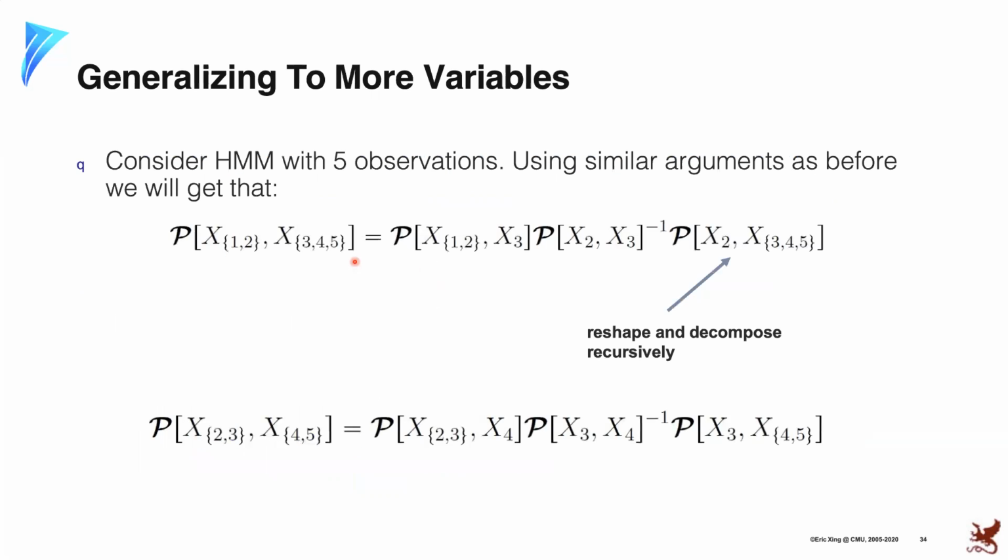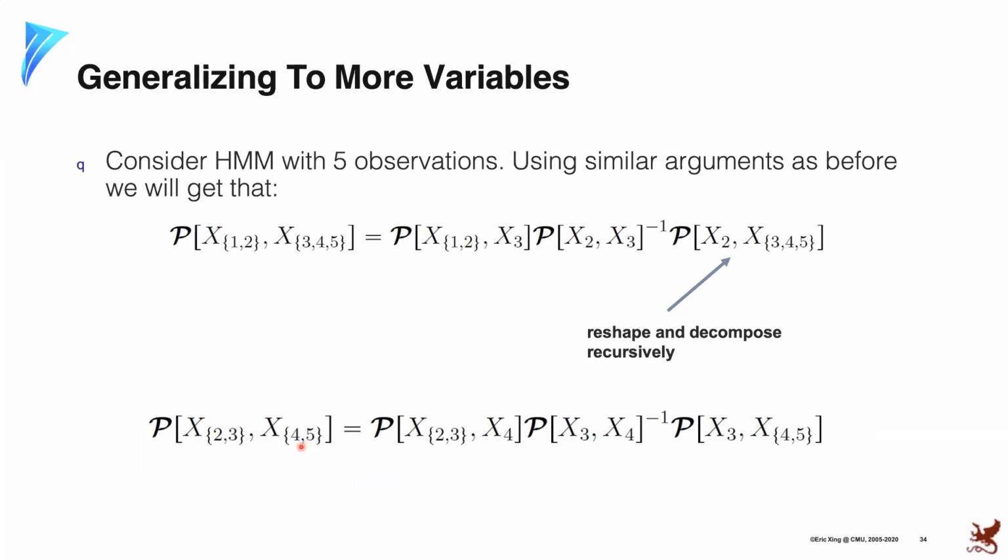So here's an example. If we now consider the HMM with 5 observations, then using the same arguments as before, we can first factorize it into these 3 components, where the first one contains 3 variables, the second one contains 2 variables, and the last one contains 4 variables. But what we can do next is to further decompose the third one.